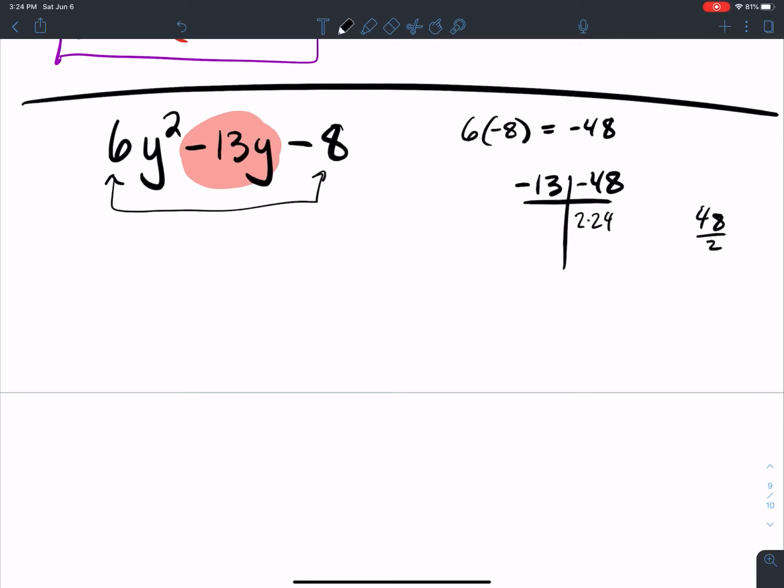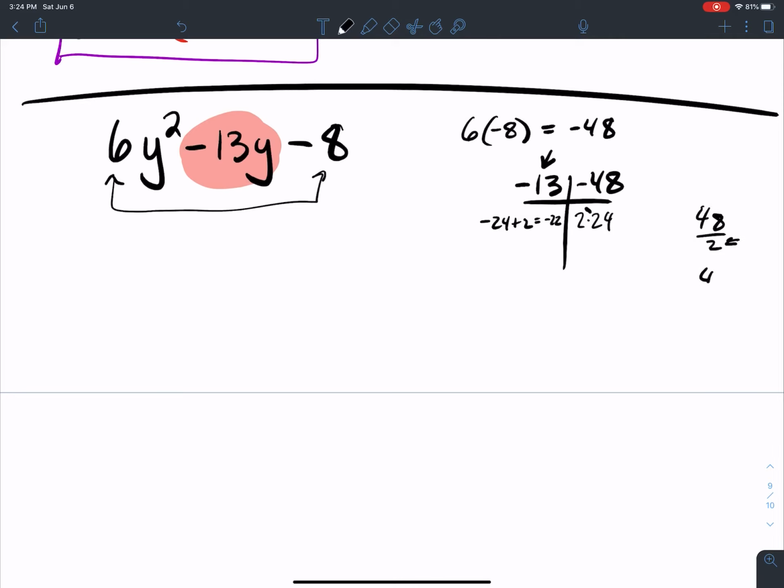Now that's a positive 48. What do we want? A negative 48, okay? So this is a negative number, so that means that the bigger one needs to be the negative. When you add them, it needs to be negative. But that's not going to work. Negative 24 plus 2, that's negative 22. So that doesn't work.